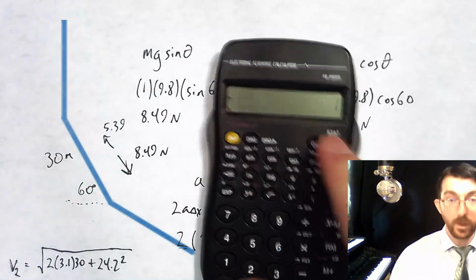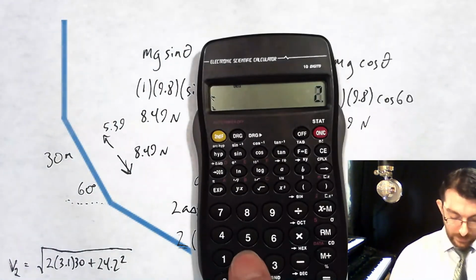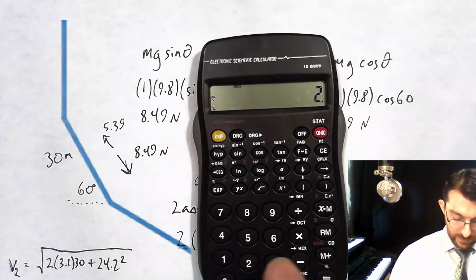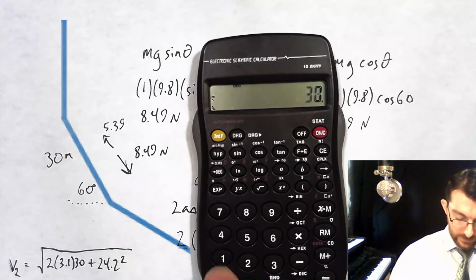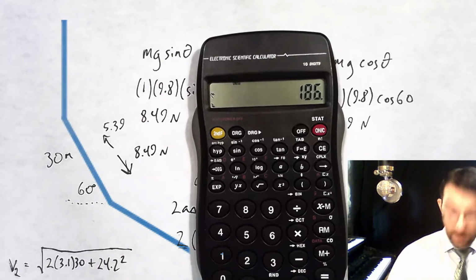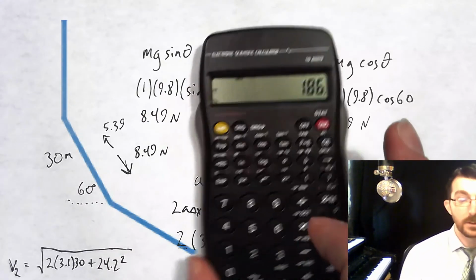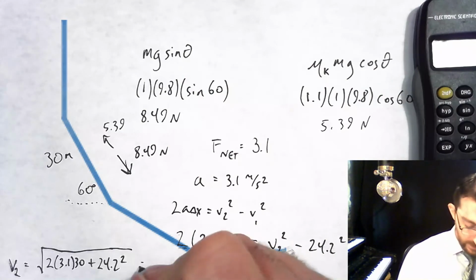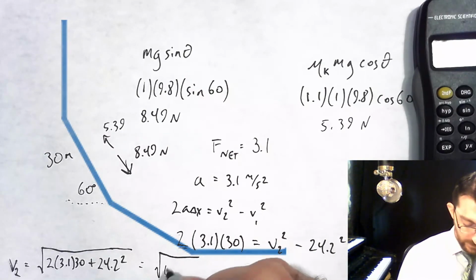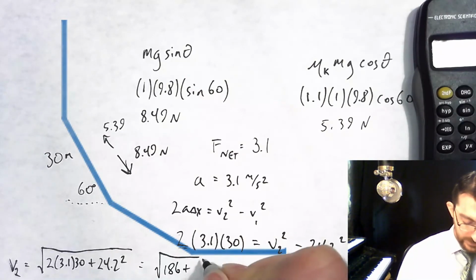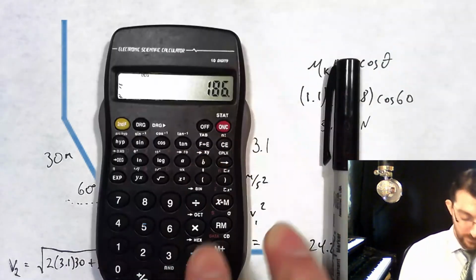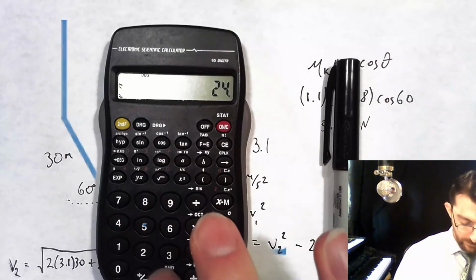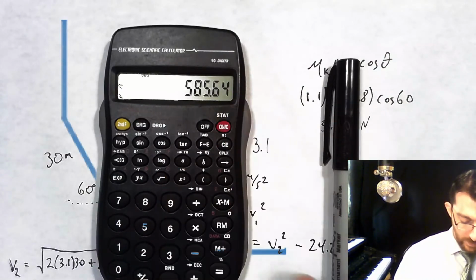So let's go ahead and work that out. 2 times 3.1 times 30. That's 186. Oh boy, I really am running out of room. Equals the square root of 186 plus, let's see what 24.2 squared is. 24.2 squared.